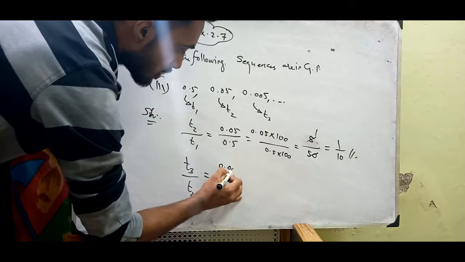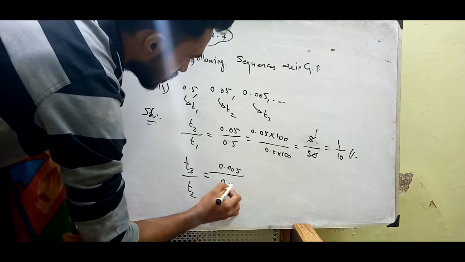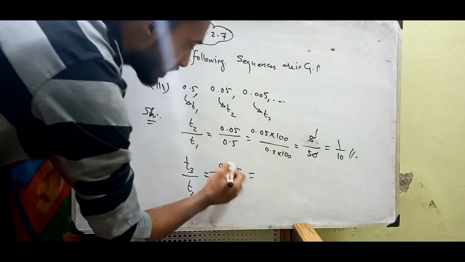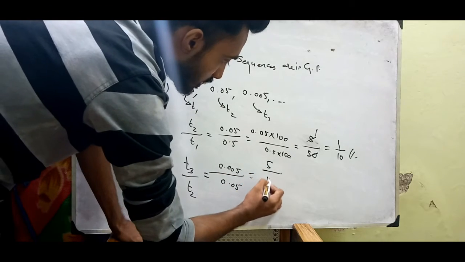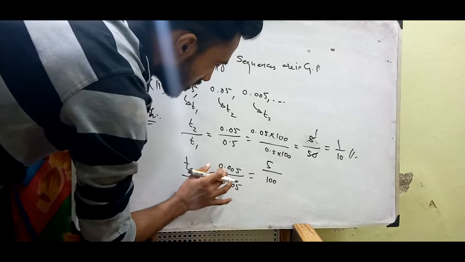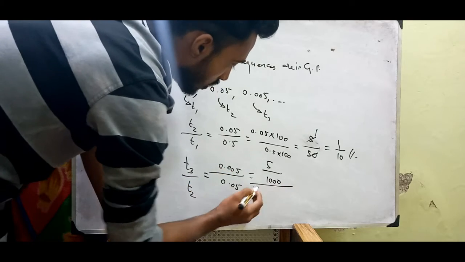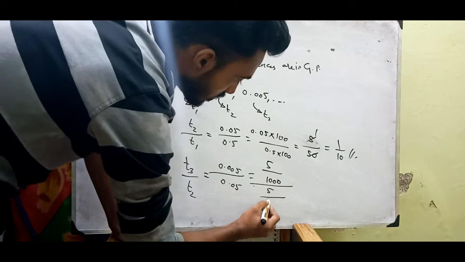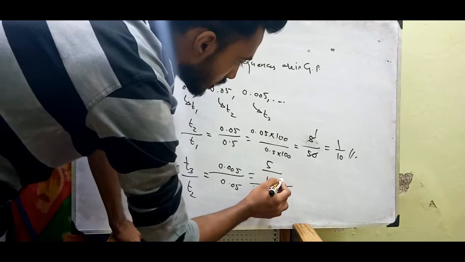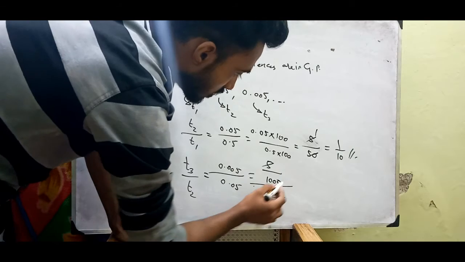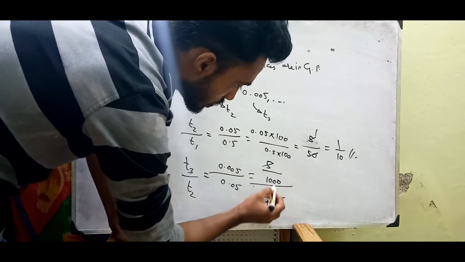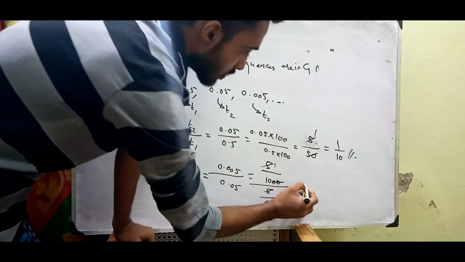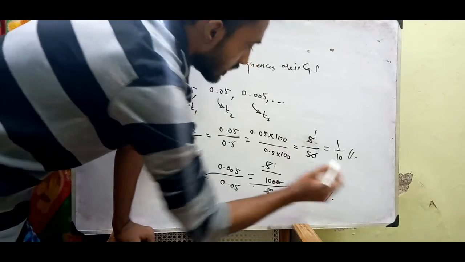T3 upon T2 is 0.005 upon 0.05. This can be represented as 5 by 1000 upon 5 by 100. So 5 gets cancelled, and the two zeros and the one zero cancel, leaving 1 by 10. So again here 1 by 10.